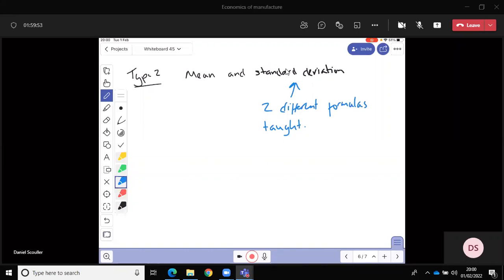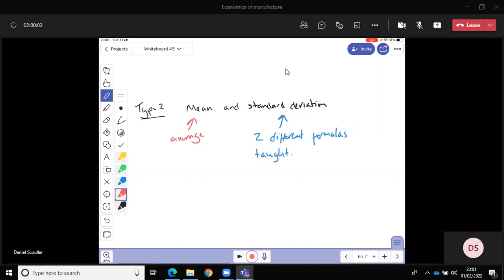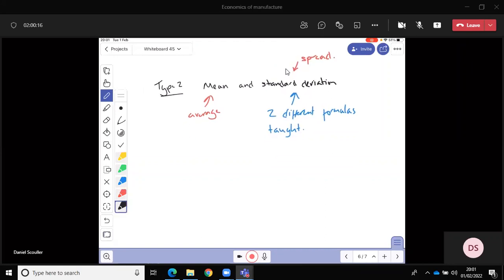So mean, again, that's just the average. Standard deviation, that's just the spread. So the same sort of analysis is going to be carried out, just in a slightly different way. Now, the formula for standard deviation that I'm going to use, and remember this is given on the exam paper.